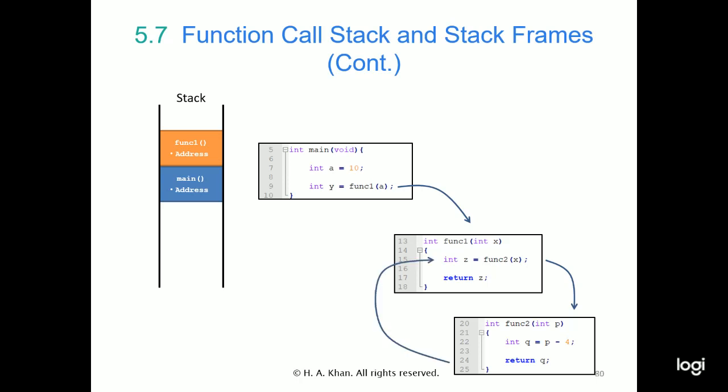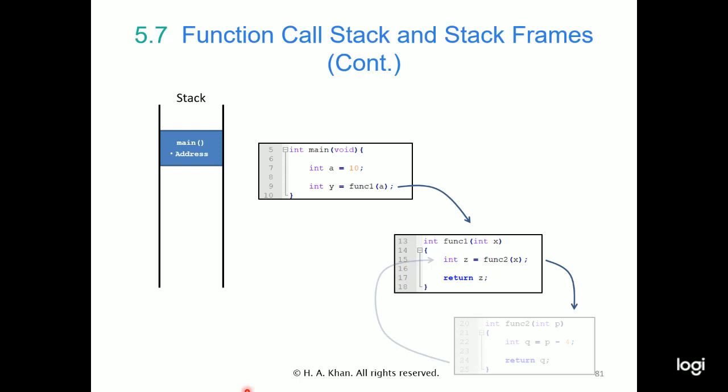Then we go on to function 2, and once we complete function 2 we look at the stack and use the address at the top of the stack to come back to the line where we originally were inside function 1, and then we pop the stack. At that time, on the top of our stack will be the return address to the main function.